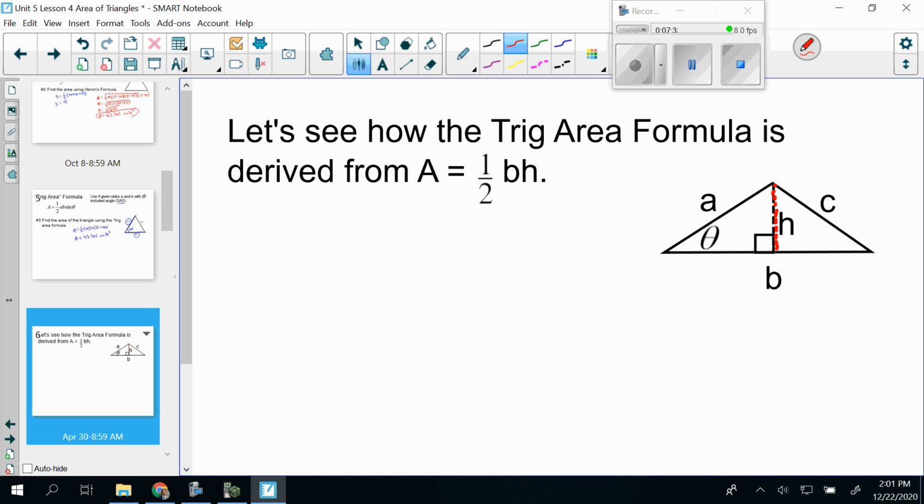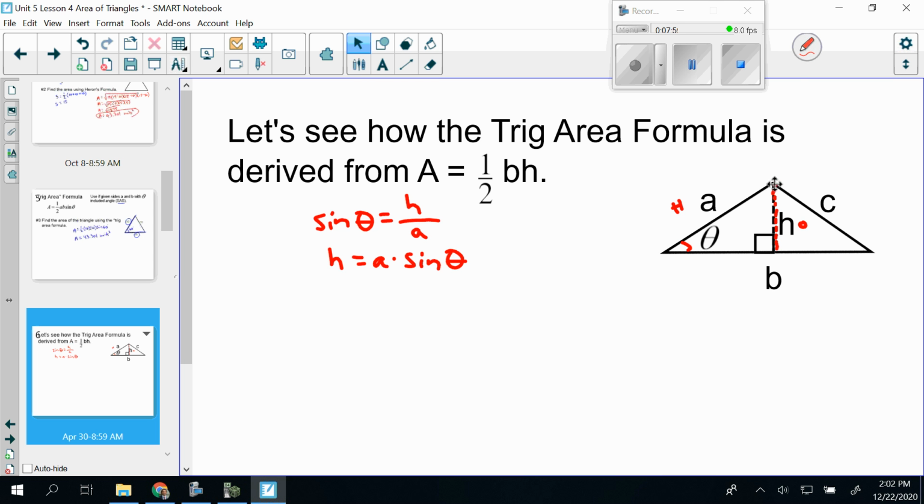So that would be using our angle here, we'd have the opposite side and the hypotenuse. So we do sine of our angle equals our height, which is our opposite side, over a, which is that hypotenuse. If I multiply by a, that tells me the height here is a times sine of our angle.